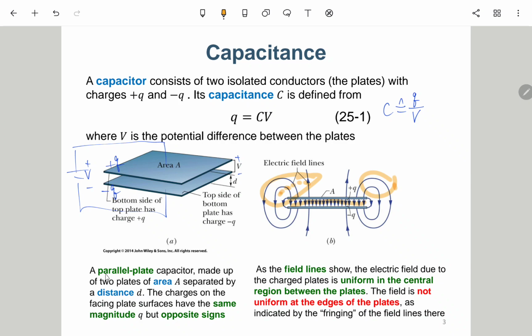Here it says a parallel plate capacitor is made up of two plates of area A separated by a distance d.